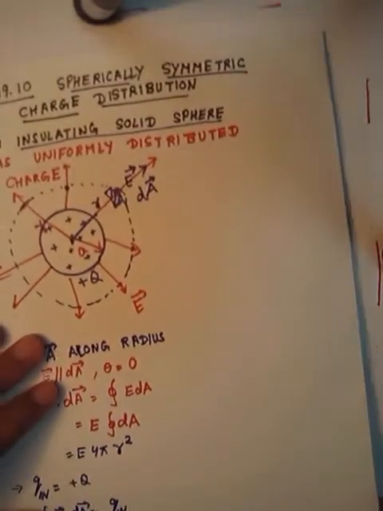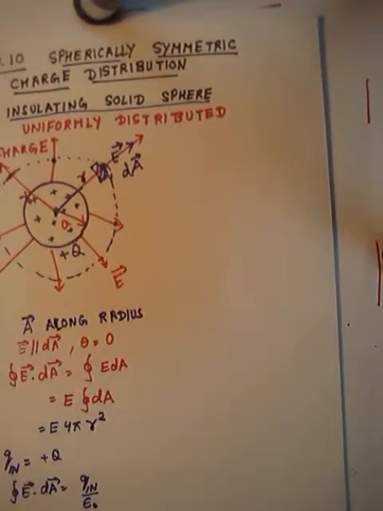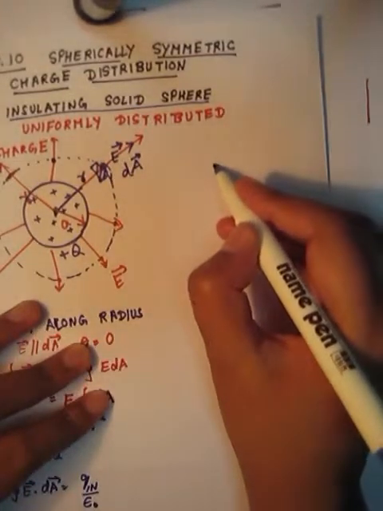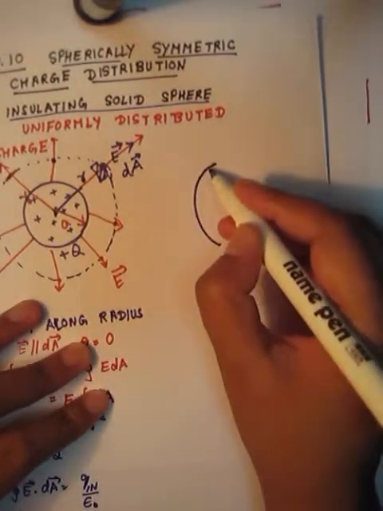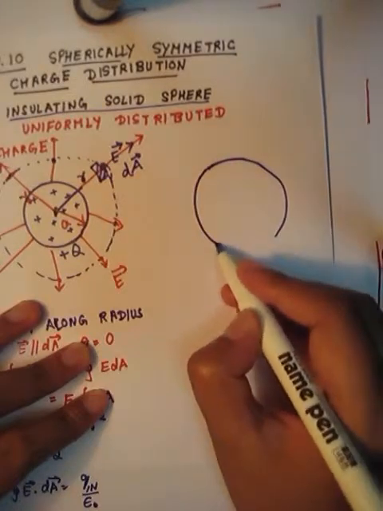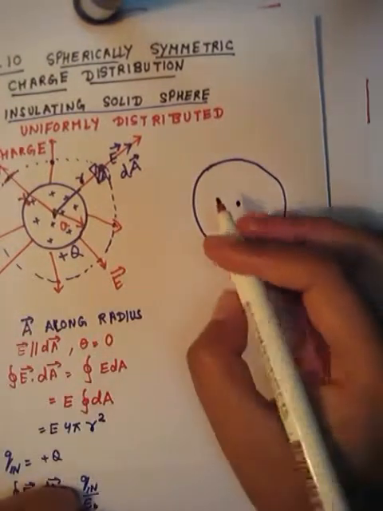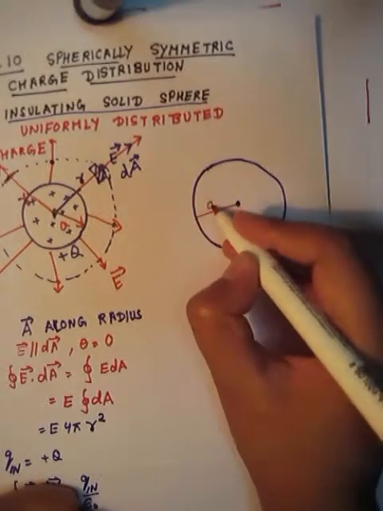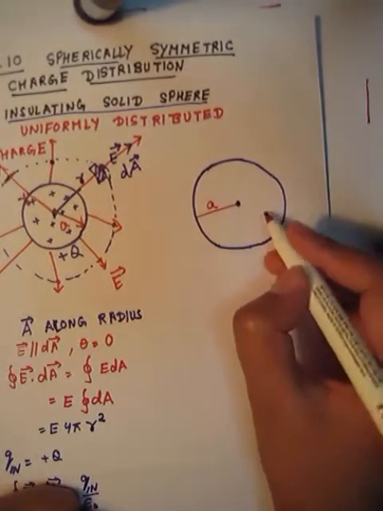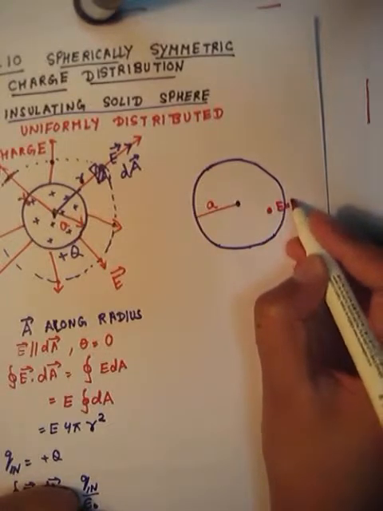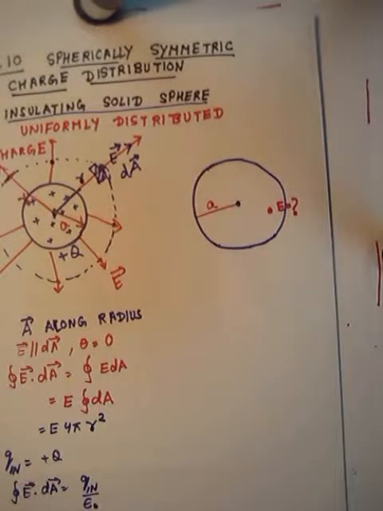Now in a similar manner, let us also solve it for a point which is inside this sphere. Let's say we have the same sphere with the same parameters. The radius is A, and now we have to find out what the electric field is at this point inside this sphere.